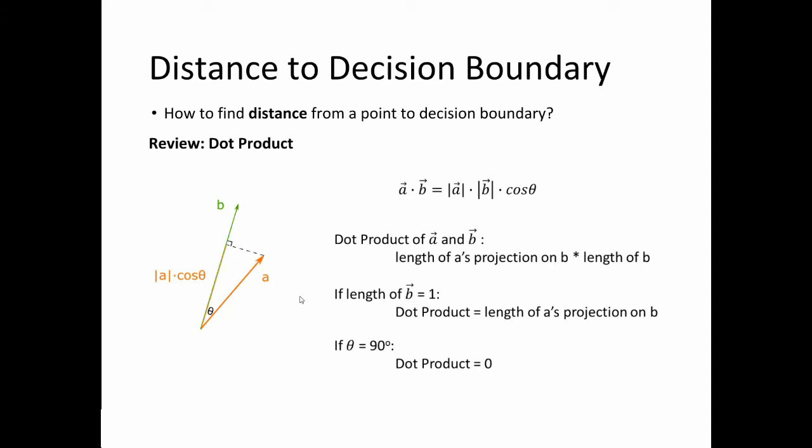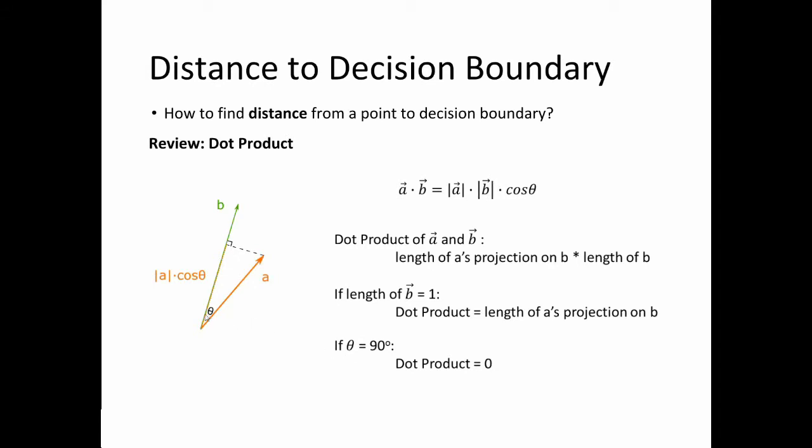I always think about this as shining a torchlight from this side towards B. So basically the length will be the shadow of A. As you can see, if the length of B is 1, then the dot product will just be the length of A's projection on B, because this term becomes 1.